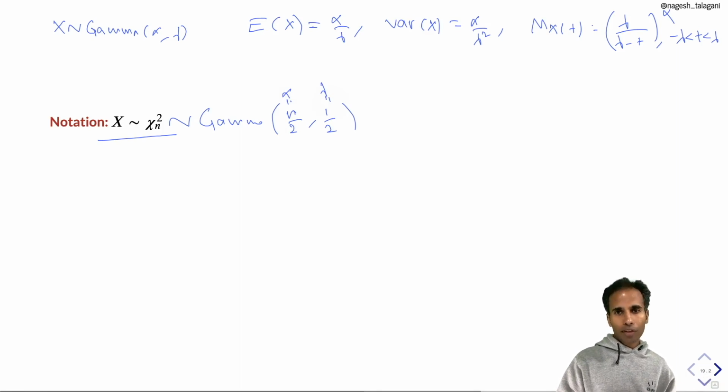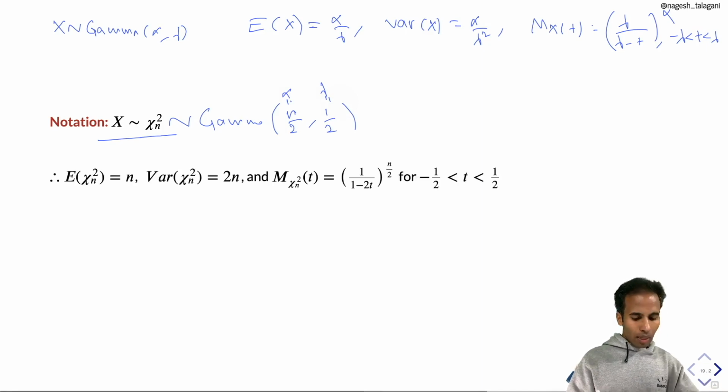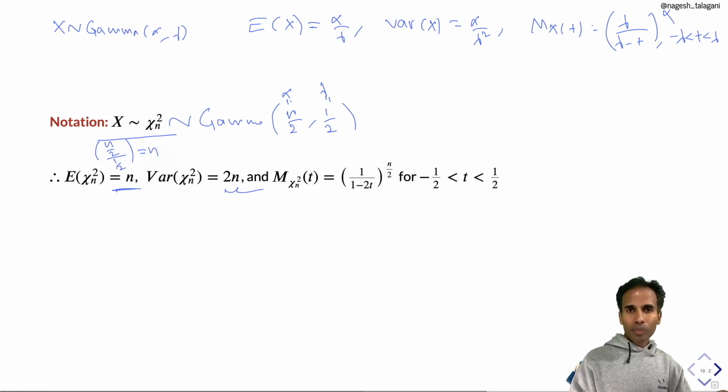The expectation is going to be n and the variance is going to be 2n. The expectation is alpha by lambda, here alpha is n by 2, lambda is 1 by 2, so it's n. The variance is alpha by lambda square, which is going to be 2n.